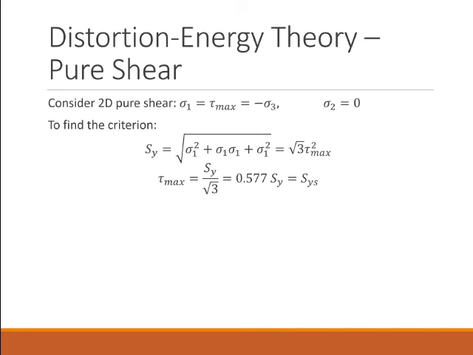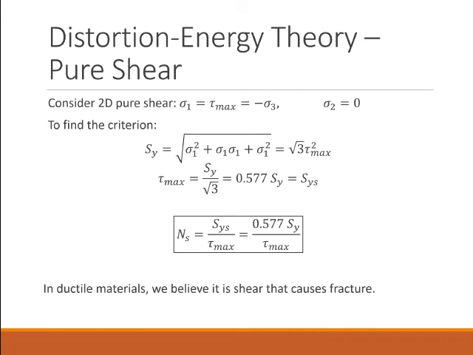And we can test this experimentally and find what the yield shear stress is. So now I have another equation for the factor of safety with respect to shear. And this brings me to the statement that in ductile materials, we believe that it's shear that actually causes the fracture.